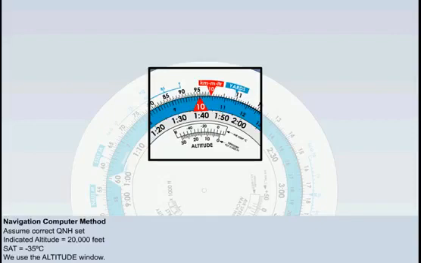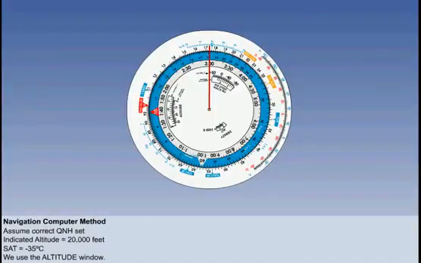There is only one place where this can happen, so by doing this you have set up a particular relationship between the inner and the outer scales. The outer scale now shows the true altitude corresponding to the indicated altitude on the inner scale. Against 20,000 feet indicated altitude on the inner scale, read off 19,200 feet true altitude on the outer scale.